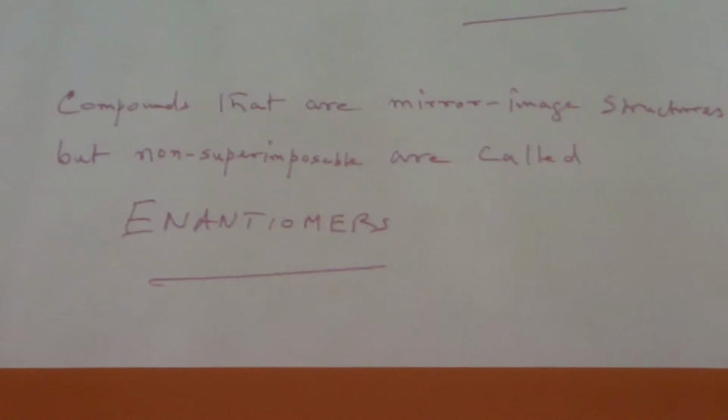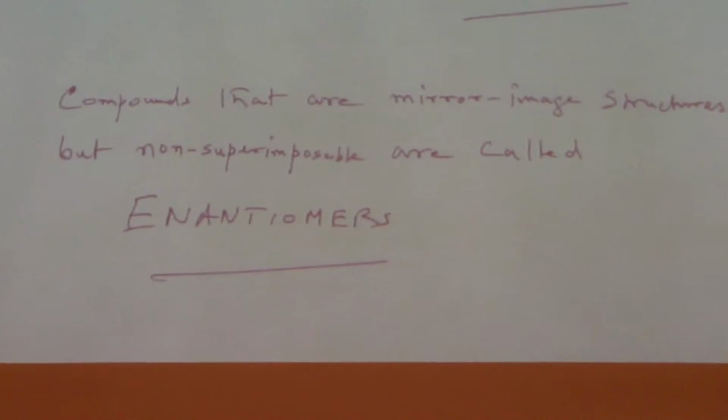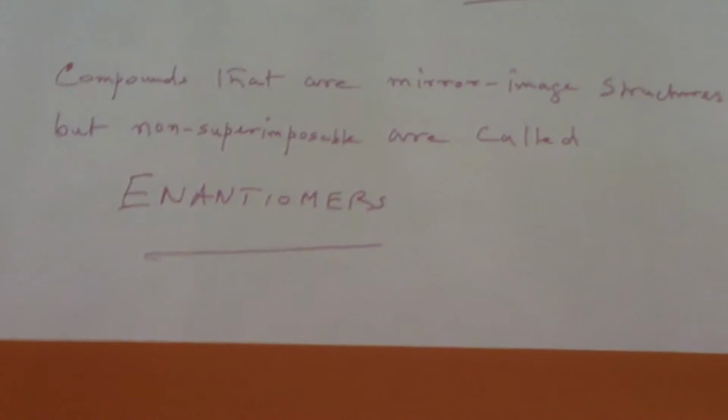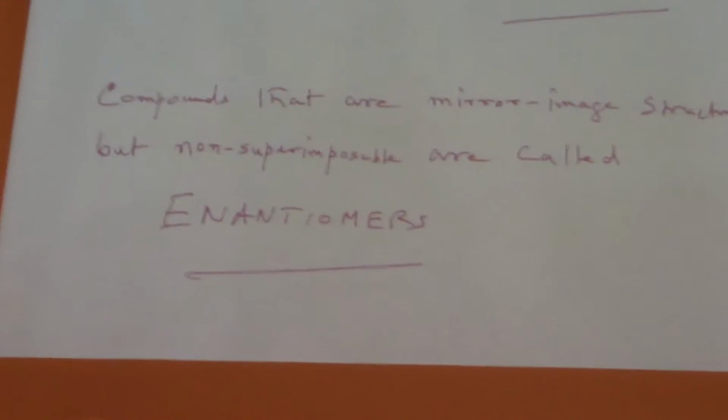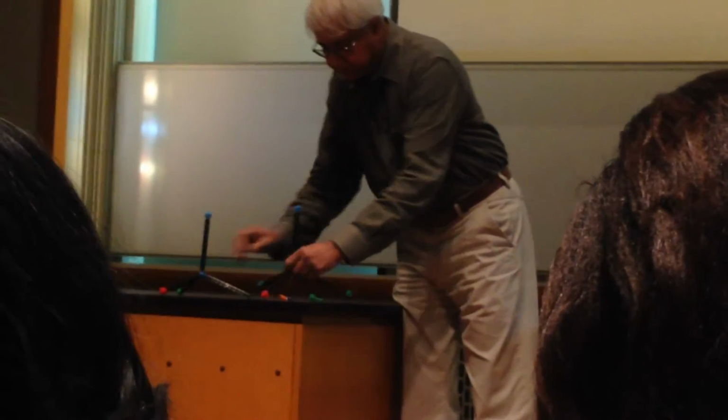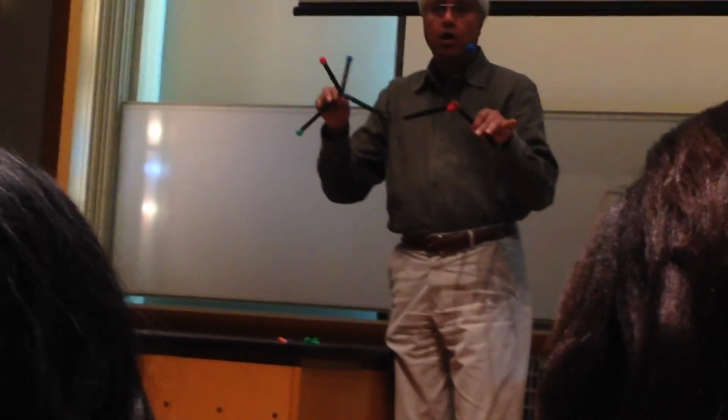And so the first compound that I actually enantiomers. So these two are therefore mirror image structures but not superimposable.